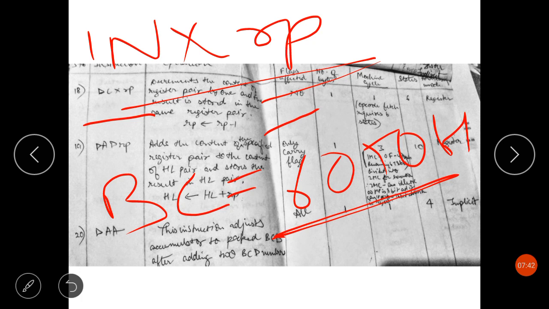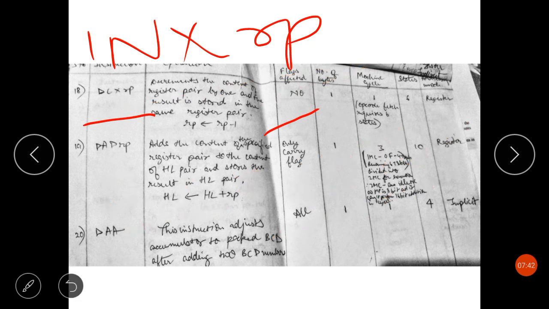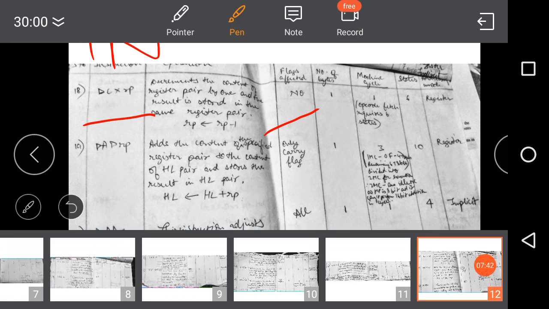When you are performing an arithmetic operation over the content of a register or over any data or content of a memory location, then the flags should get affected. Otherwise, if you are incrementing or decrementing the address and the flags are getting affected, it will cause serious issues at a later stage of programming. So that's why flags affected for these instructions will be nil, no flags will get affected.